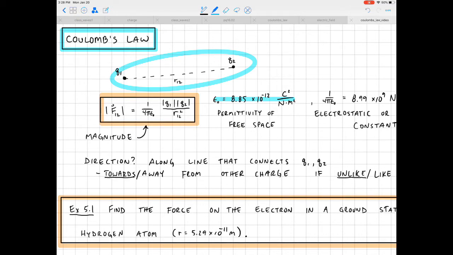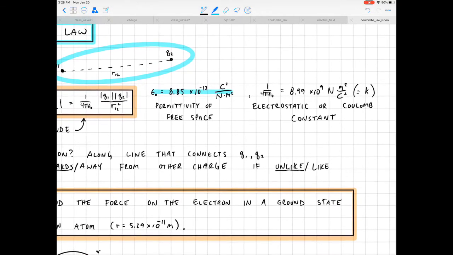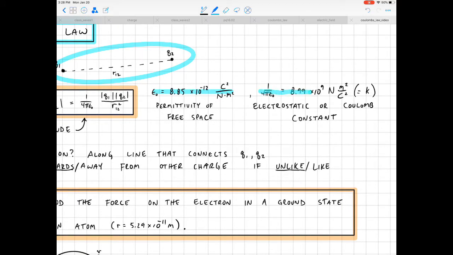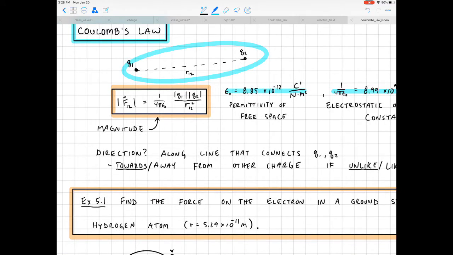Sometimes, instead of 1 over 4 pi epsilon naught, you'll see that written out as K, so the whole thing, 1 over 4 pi epsilon naught, is treated as the constant. If you put those terms together, K is equal to 8.99 times 10 to the 9 Newton meter squared per Coulomb squared, and that's referred to as the electrostatic or the Coulomb constant. Either way, it just goes out front of our Coulomb expression.